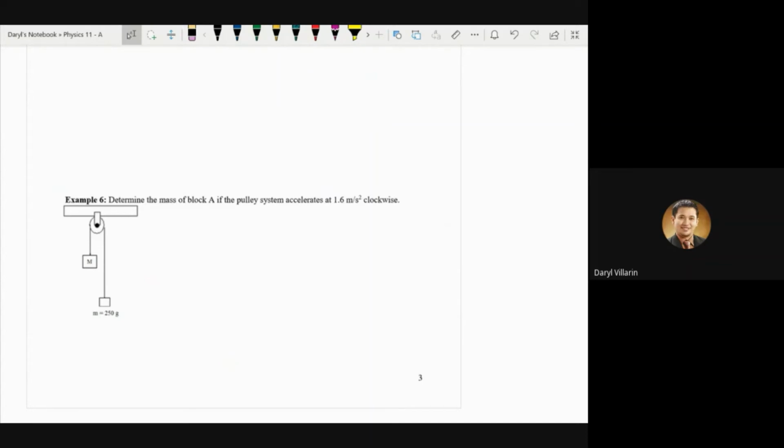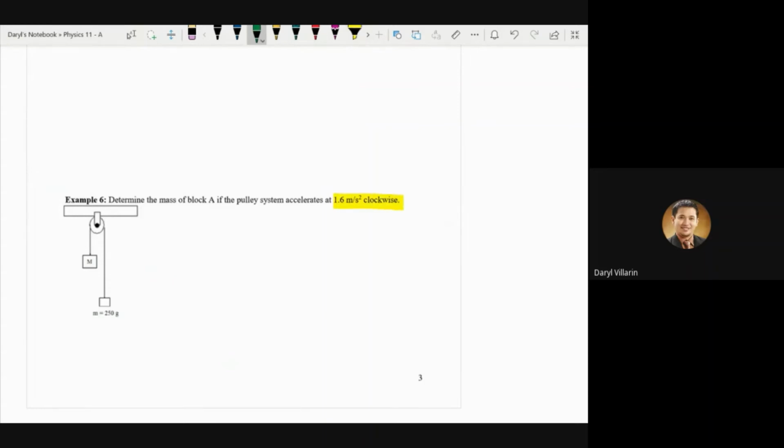There are only 2 types of questions that I'll be asking you: either solving for the acceleration or getting the mass of one of the objects. In this particular case, we're given already that the acceleration is 1.6 clockwise.